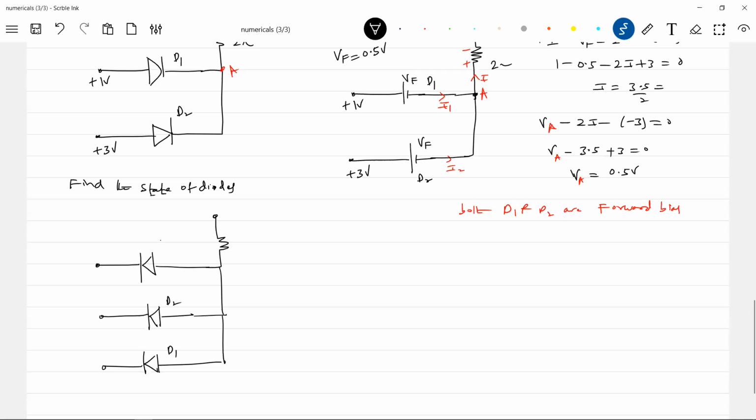Diode D1, D2, D3. This is 3 volt, 2 volt, 1 volt, 10 ohm, 5 volt.